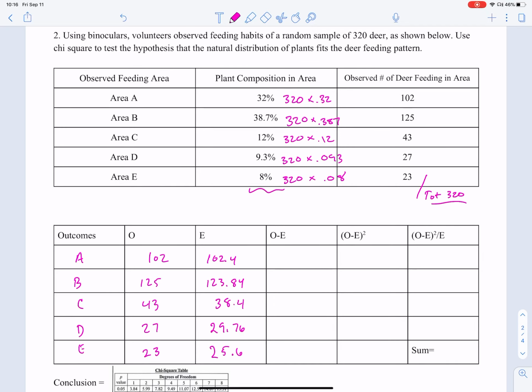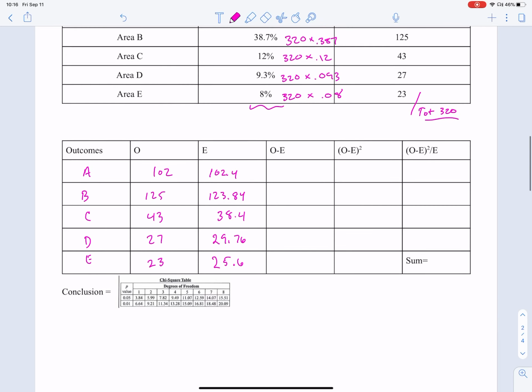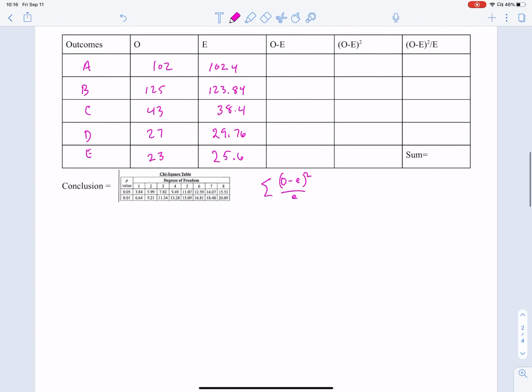Now you can fill out the rest of the chart, but I don't like the chart much, so I like to do the old school way. If we remember what chi-squared is, it's the summation of observed minus expected, squared, over expected for our different locations. So I have locations A, B, C, D, and E, and then I'm going to add all those up because, again, it's a summation.